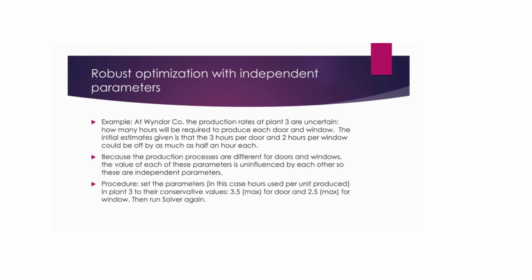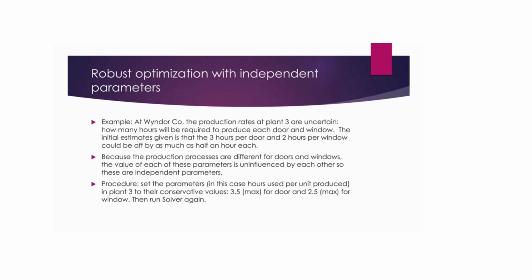Which means that for producing each door, we cannot be really sure if it would take 3 hours. And for the window, we're not 100% sure that it will take only 2 hours to produce. That's the meaning of it could be off by as much as half an hour each. Maybe longer than 3 hours, 3.5 hours to produce each door, and maybe 2.5 hours to produce each window.